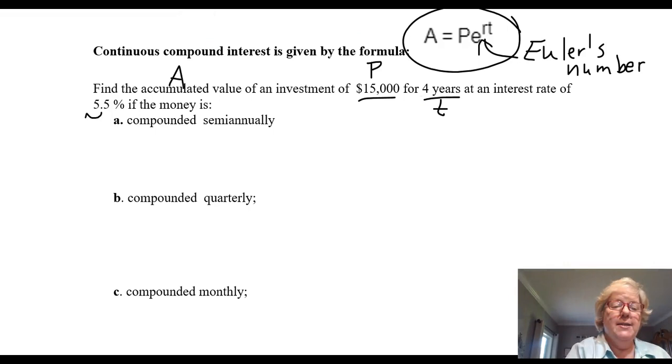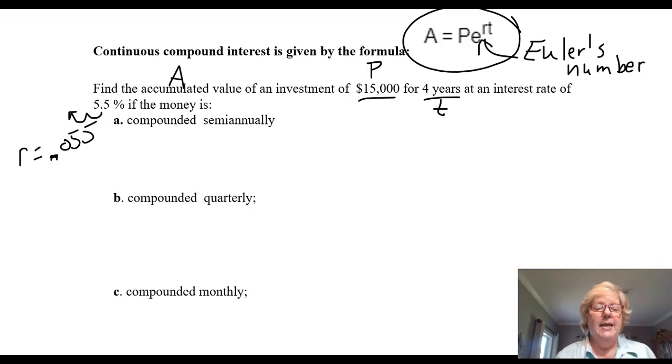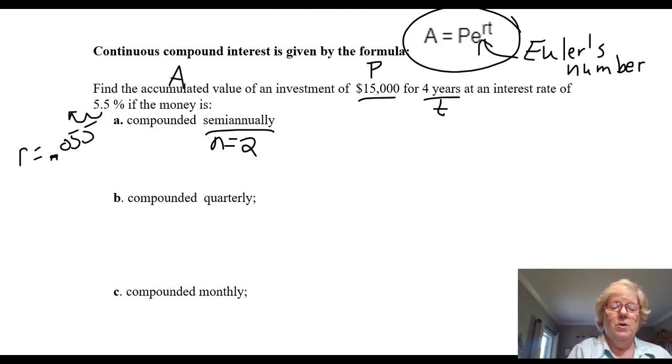You need to move that decimal point over 2 places and let R equal 0.055, just like that. Now, if we want to compound this semi-annually, N is equal to 2, quarterly, N is equal to 4, and monthly, N is equal to 12.